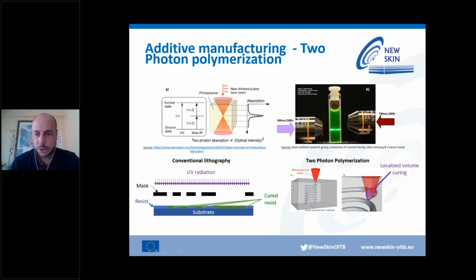Instead, with two-photon polymerization, what you can do is select your small volume, your small voxel, and move your high-intensity photon beam along inside the resin, sorry, with the adequate path in order to produce the 3D form that you want to fabricate.